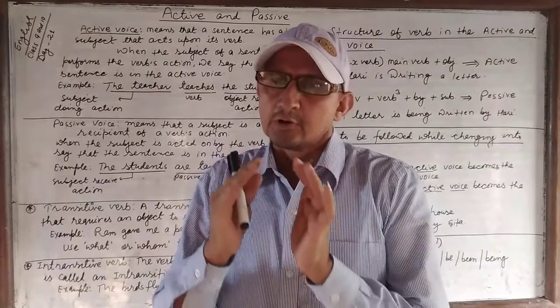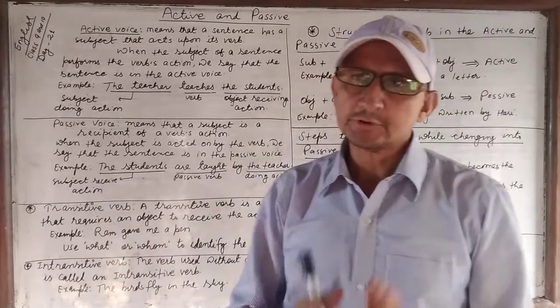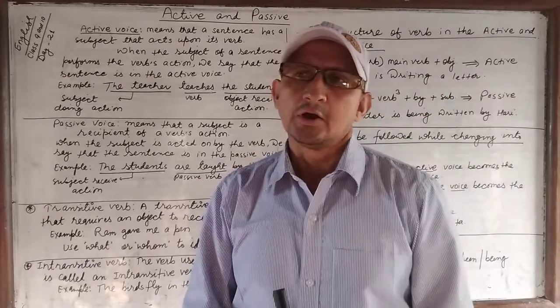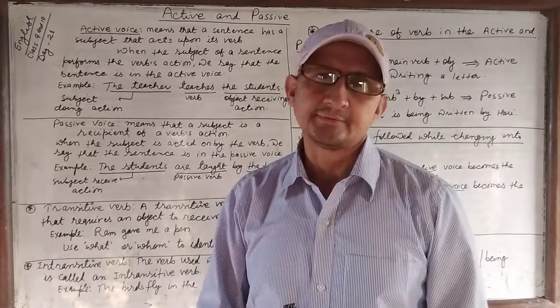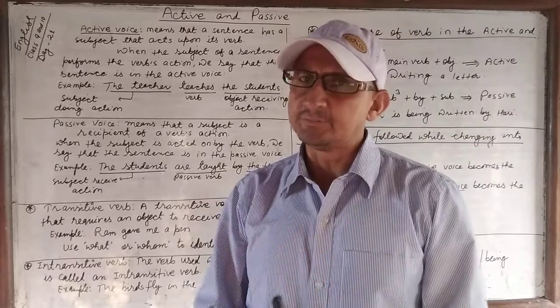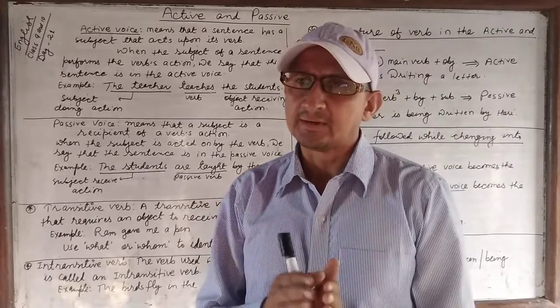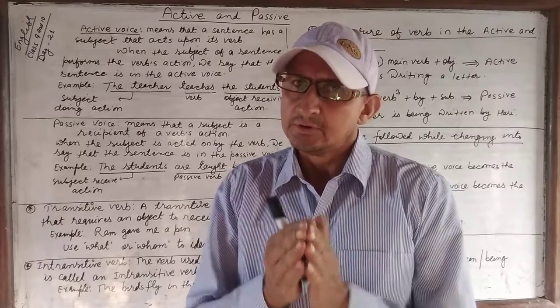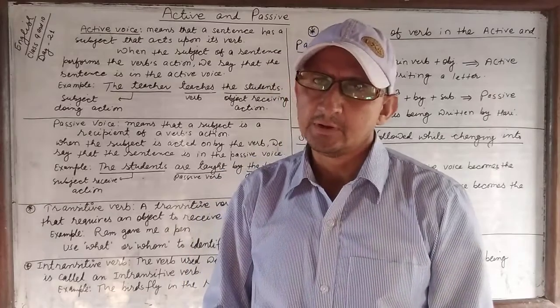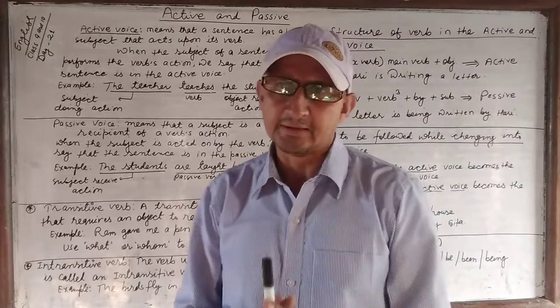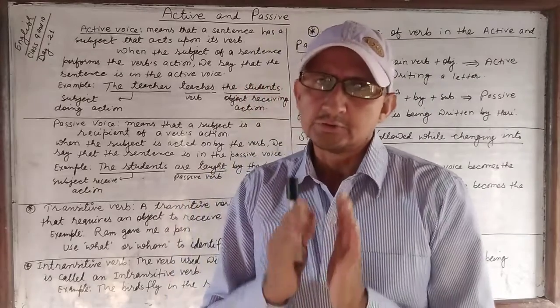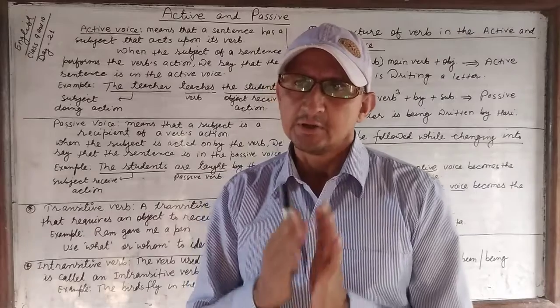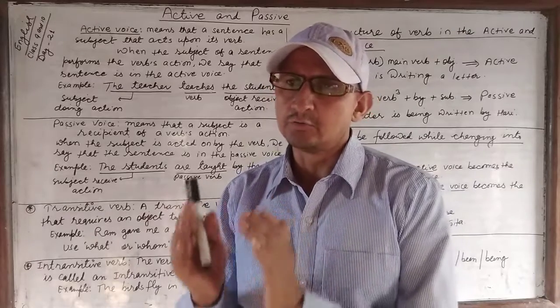Use what or whom to identify the object in a sentence. If there is an object in a sentence, we can change the sentence into passive voice. So you have to identify the object.